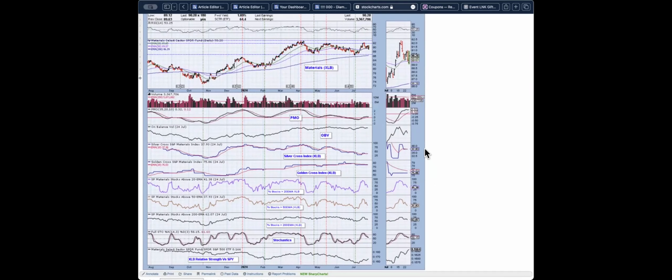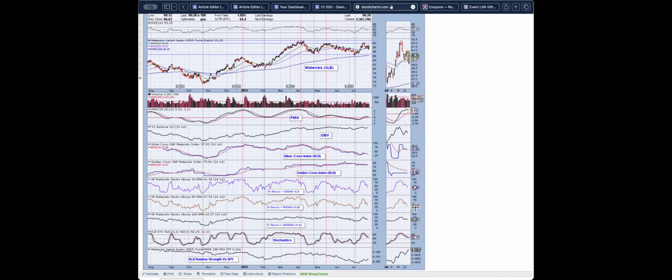You can see that the Silver Cross is at the same percentage as the percent above the 50-day EMA. That's why I always talk about this being kind of the delimiting factor of what's going to happen with the Silver Cross. You need at least as many stocks above the 50-day EMA as the percentage above on the Silver Cross in order to see it rise.